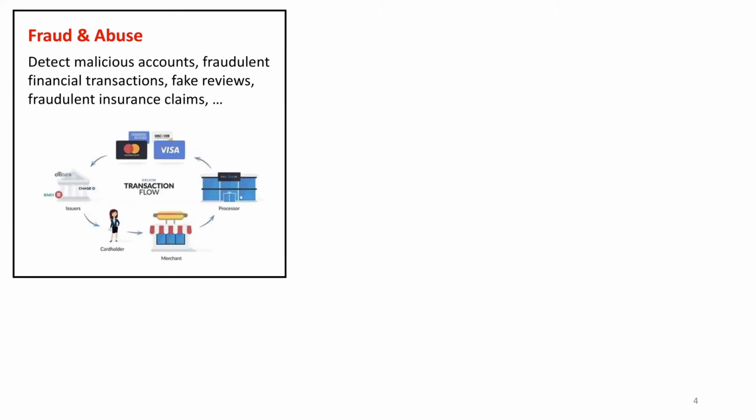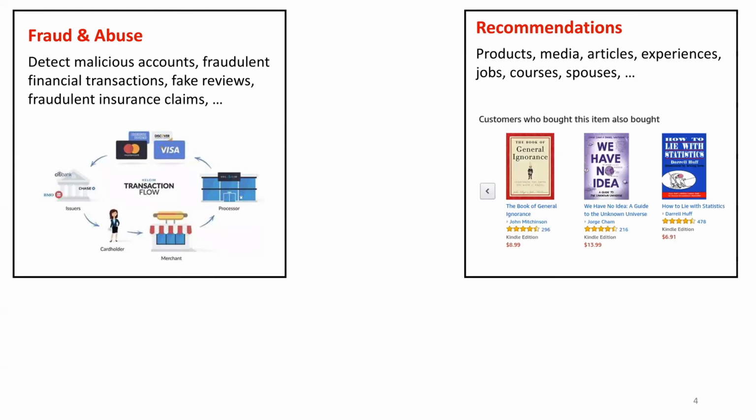So to motivate the use of graph neural networks, I would like us to consider three applications. The first application is that of fraud and abuse. The goal here is to detect malicious accounts, identify fraudulent financial transactions, fake reviews, fraudulent insurance claims, etc. The second application is that of recommendations. I guess most of us are aware of the task here.